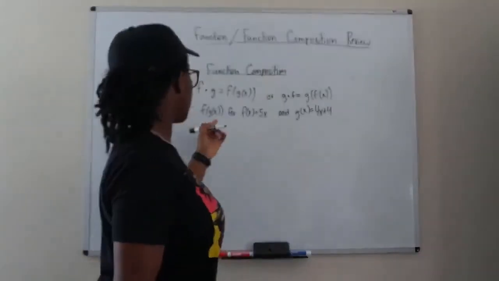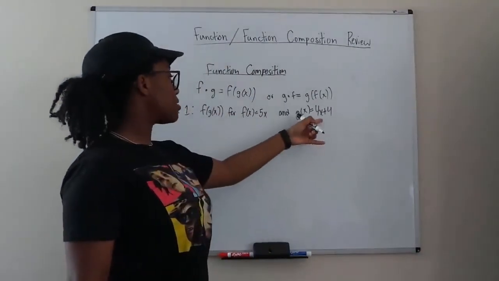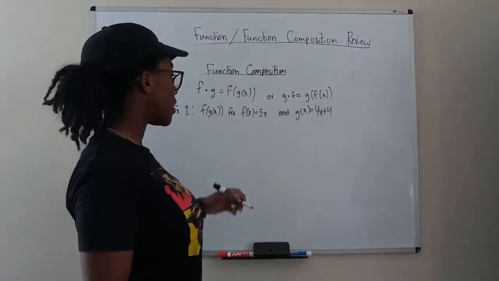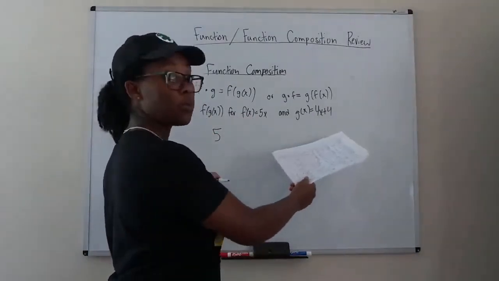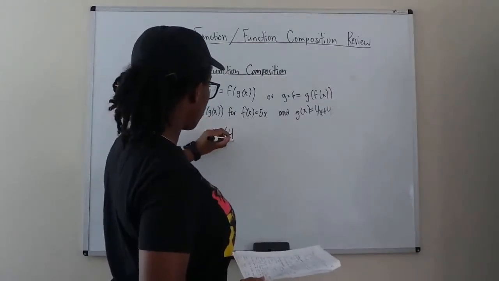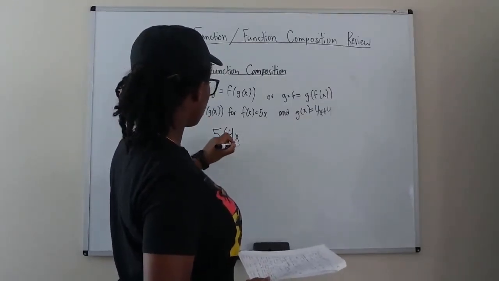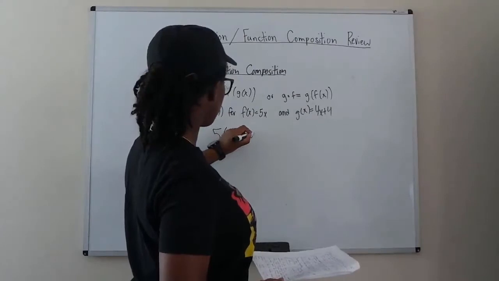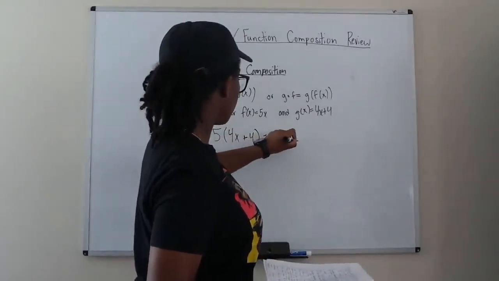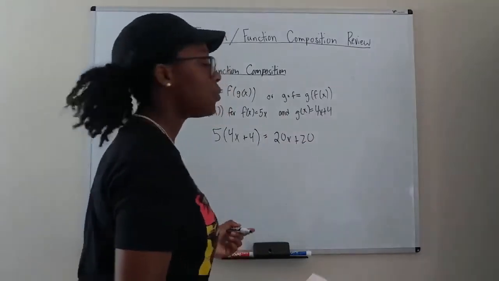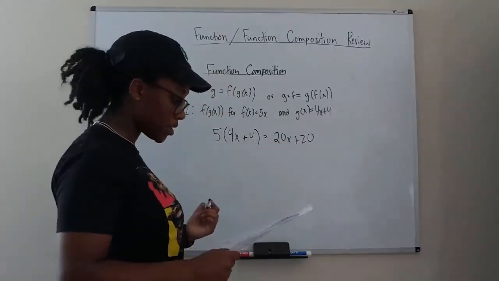So this one is telling us we need to plug g of x in for the input of f of x. So f is going to be 5x, but instead of the x, we're going to put g of x. So 5 times 4x plus 4. So you distribute the 5, you get 20x plus 20. And so that would be how you would work through an example of function composition.